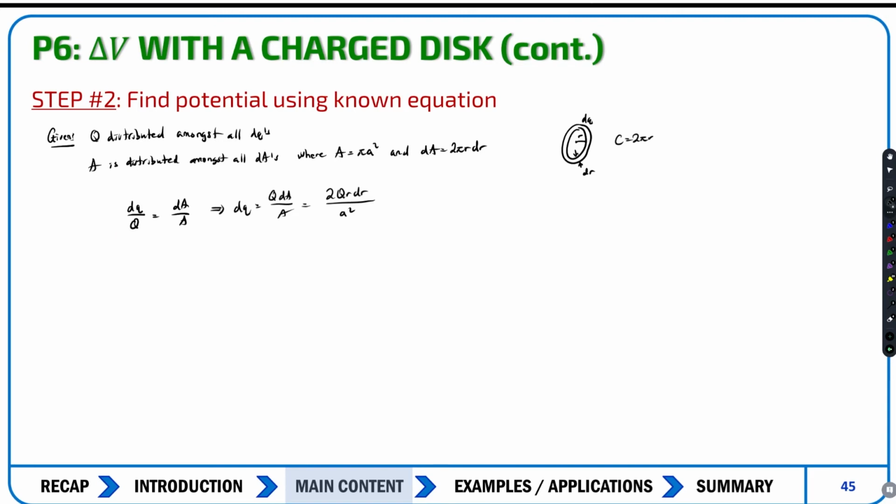Once you have dq, you are able to put it back into this equation for V that we have from before and solve. So we have the integral from 0 to a of 2Qr k dr divided by a squared, square root of x squared plus r squared.